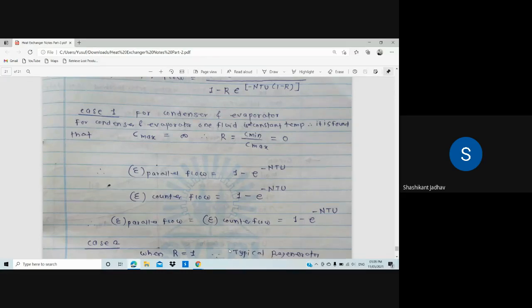Okay, so write down case number 1 for condenser and evaporator.